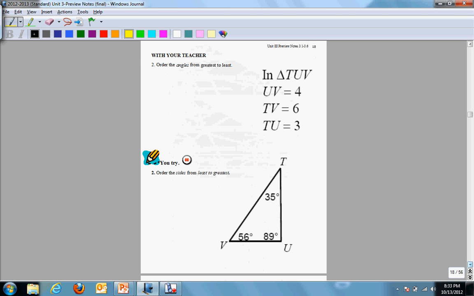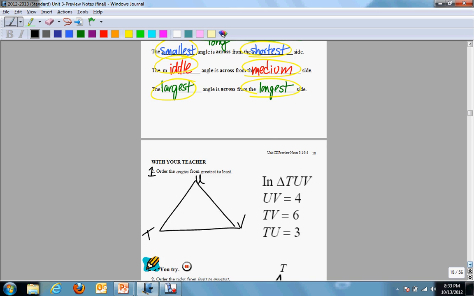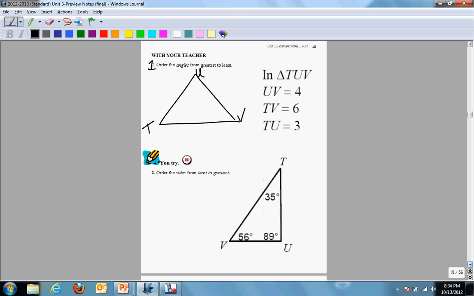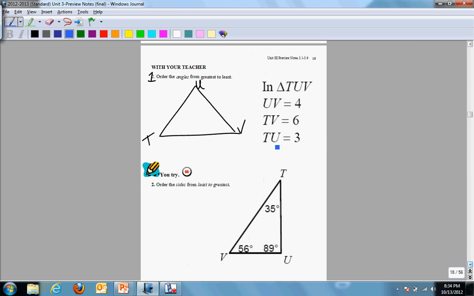Let's take a shot at one together, and then you try one application. We have a triangle TUV. I don't know what the triangle is shaped, so I'm just going to draw any normal triangle and label it TUV. And now I'm going to label.